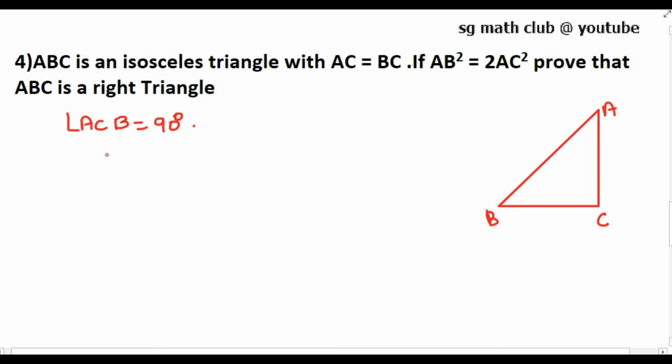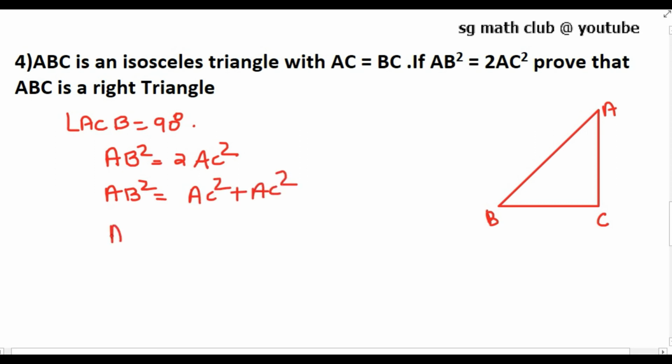They have given only this relation, AB square is equal to 2AC square. That means I can write AB square is equal to AC square plus AC square, or AB square is equal to AC square plus BC square, because they have given AC equal to BC. So I am using this here.